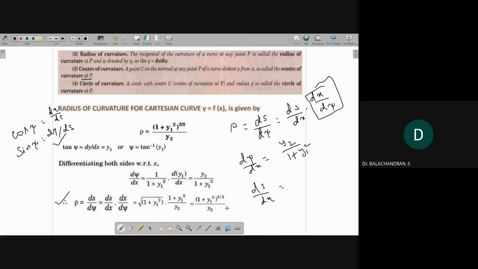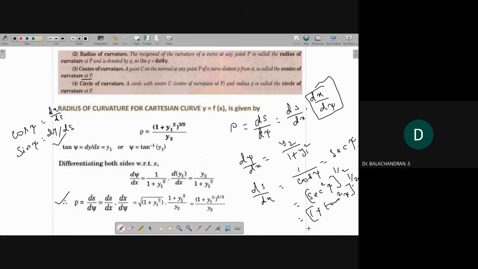Now I need ds by dx. So that is the reciprocal of this. The reciprocal is 1 by cos psi, which is secant psi. You can write secant psi as secant square psi whole power 1 by 2, and secant square psi is 1 plus tan square psi, whole power half.